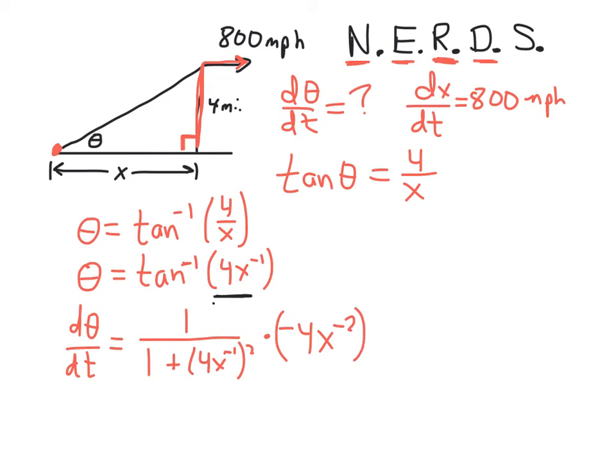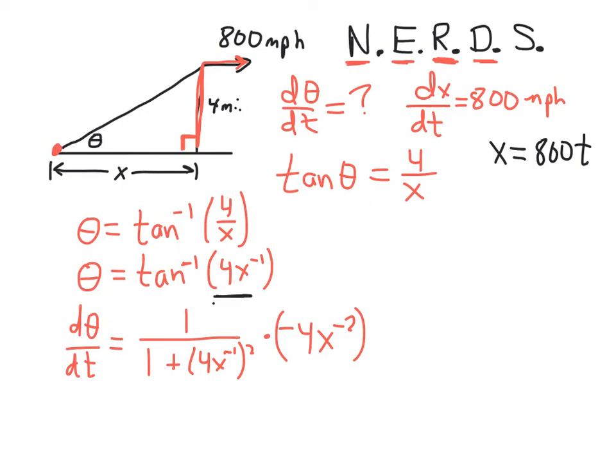But then you'll also want to notice that x itself is a function of time. X up here is actually changing with time at a rate of 800 miles per hour. So we could say that x equals 800 t. 800 miles each hour is how much that's going to be increasing.